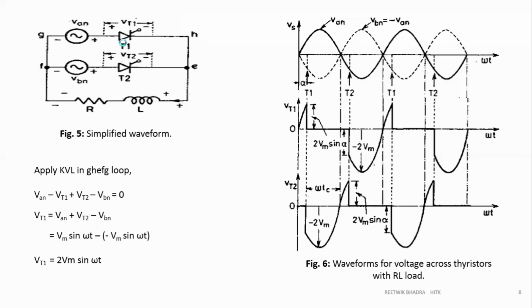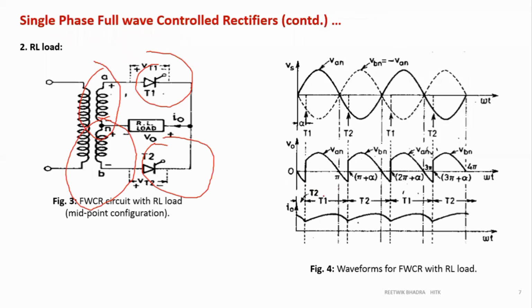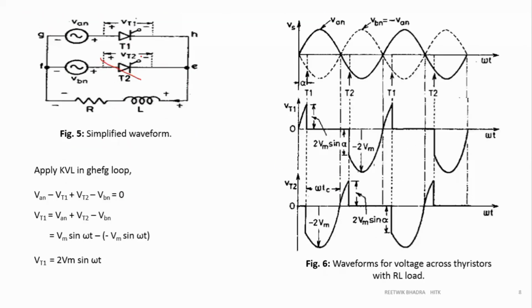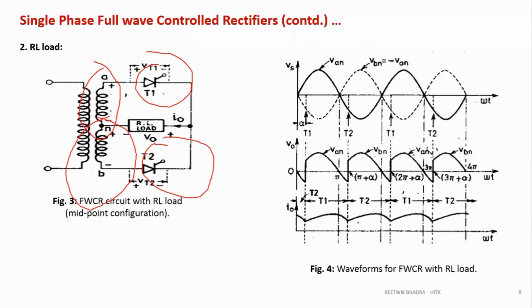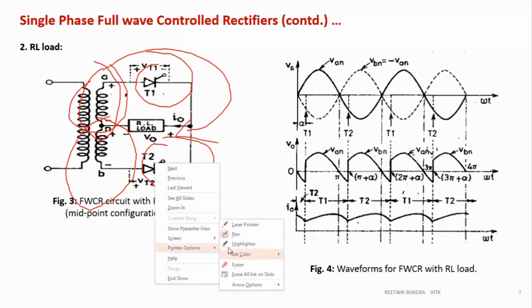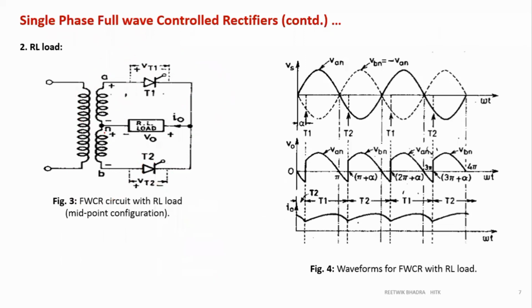Now when T1 is on, there is no T2. T2 is on during this small gap, or this one. When T2 is on, there is no T1. So when T1 is on, this is my circuit: VAN, T1, RL, the same circuit as previously. When VBN is on, it goes VBN, T2, RL.